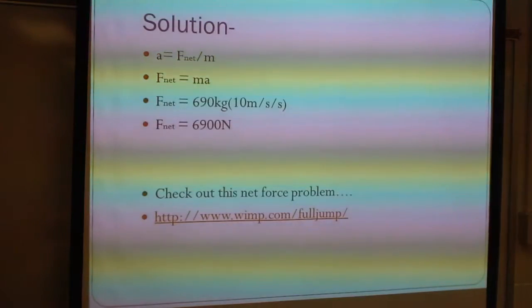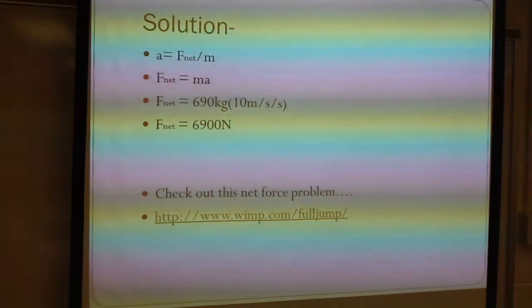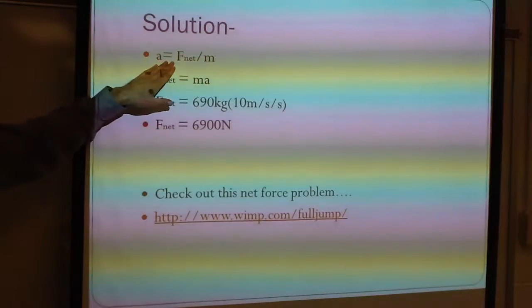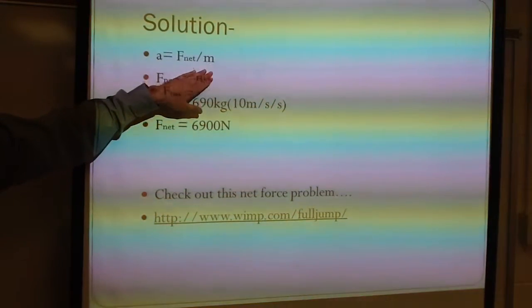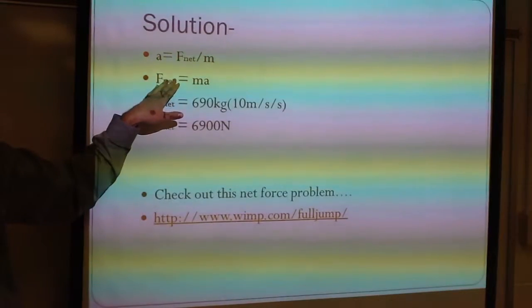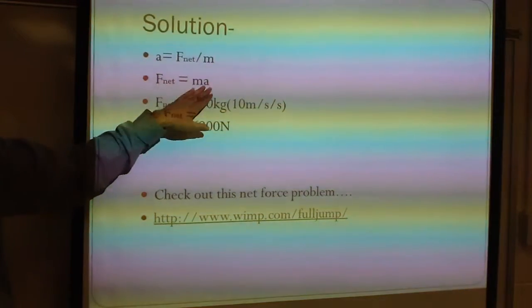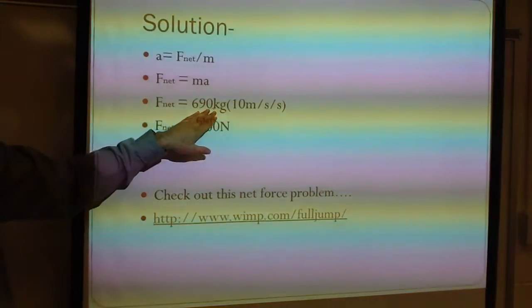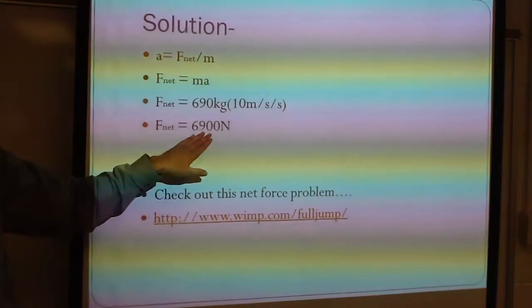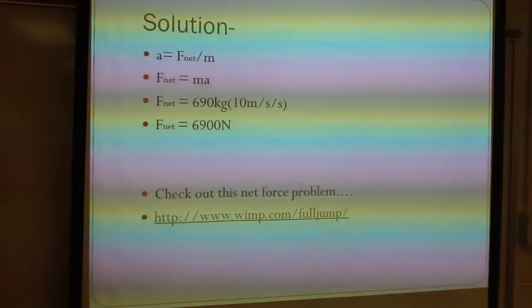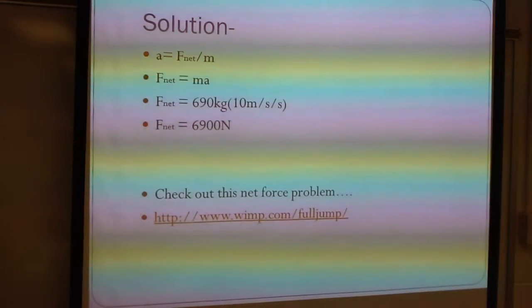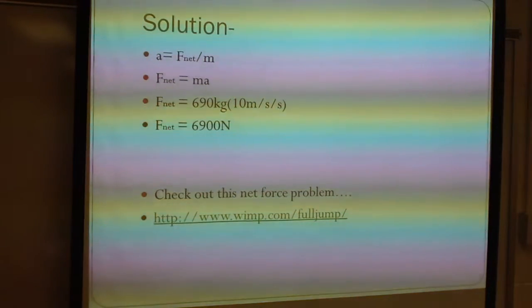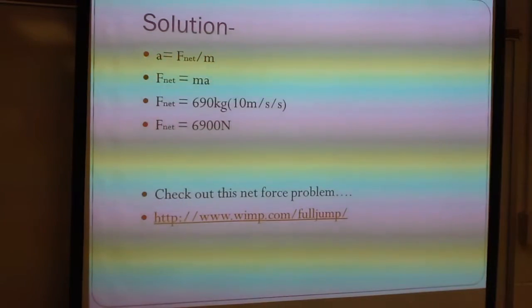Well, all he did is he said, okay, I know that acceleration is F net over m, but he rearranged it in his head. He said the net force is mass times acceleration. The mass is 690, the acceleration is 10, multiplying gives 6,900. Thank you. So that's exactly what you do, and this is just a simple example of how this works.